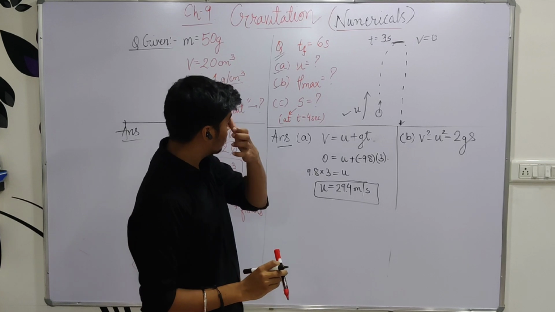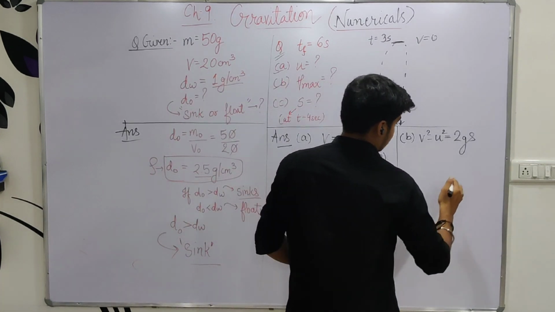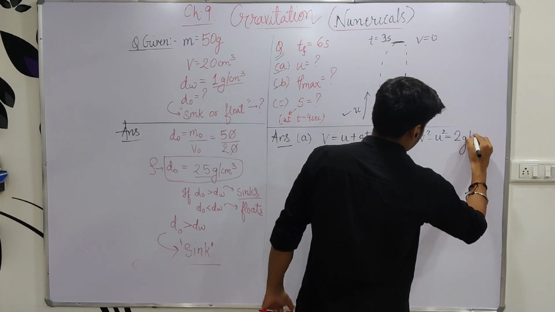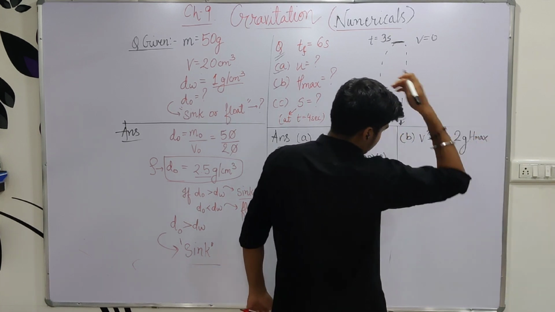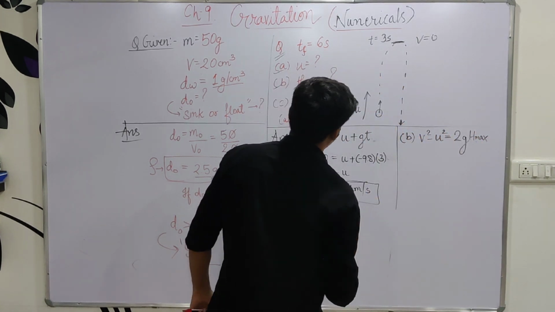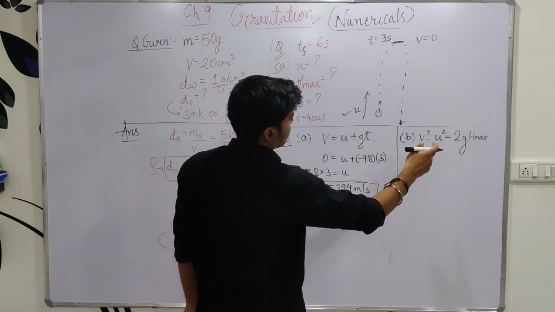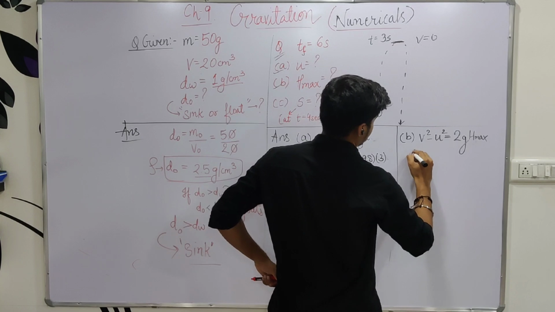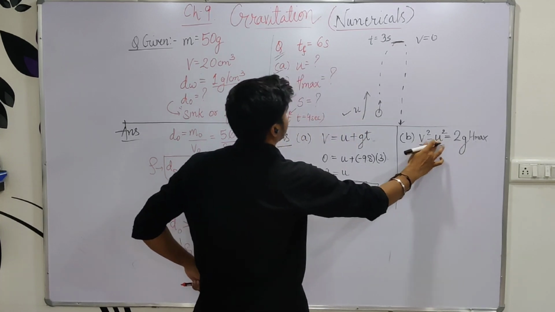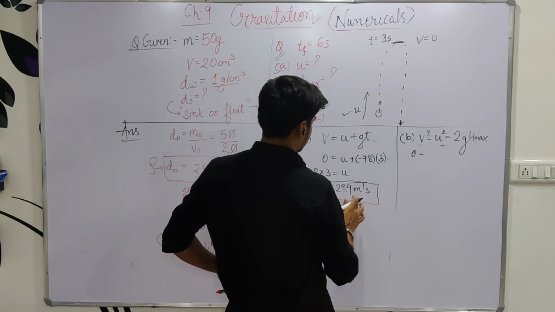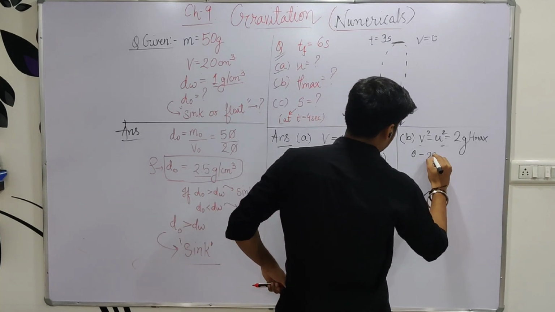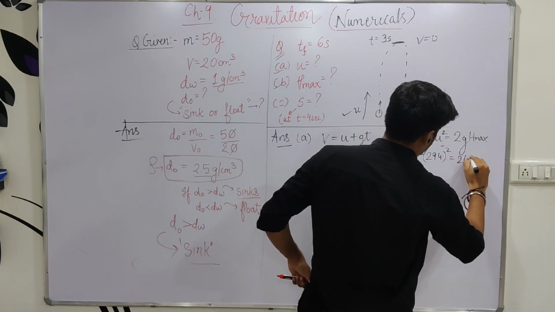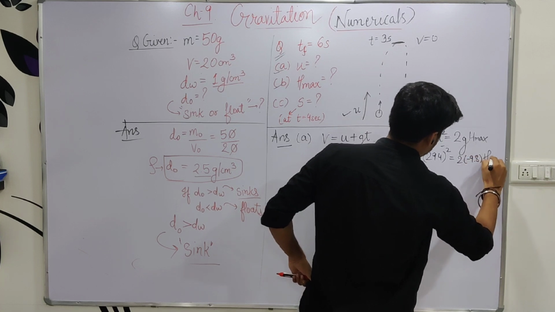So when it reaches the maximum height, let's call it h max. What can we say about the gravitational acceleration? As it is moving upward, again it will be negative. 0 minus initial velocity, which we have calculated as 29.4, whole square is equal to 2 into minus 9.8 into h max.